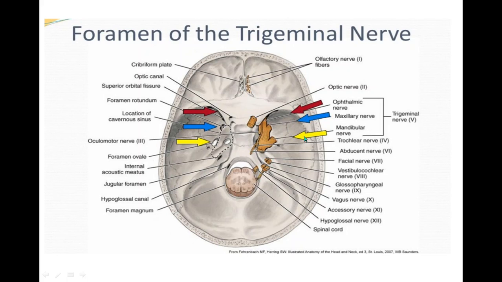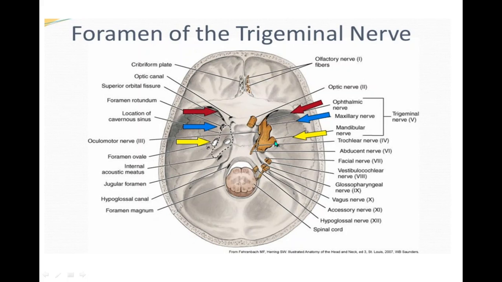The maxillary nerve enters the pterygopalatine fossa, also called the sphenopalatine fossa, by passing through the foramen rotundum. And the mandibular nerve enters the infratemporal fossa by passing through the foramen ovale.